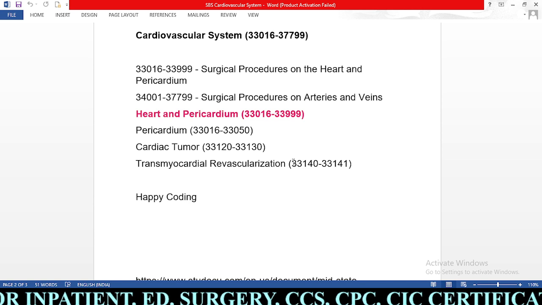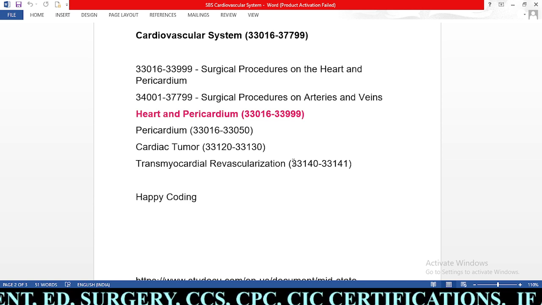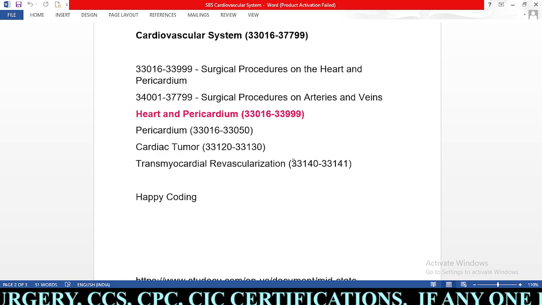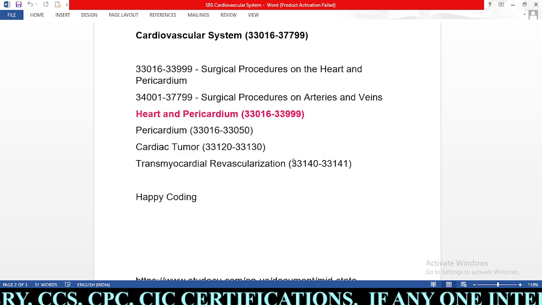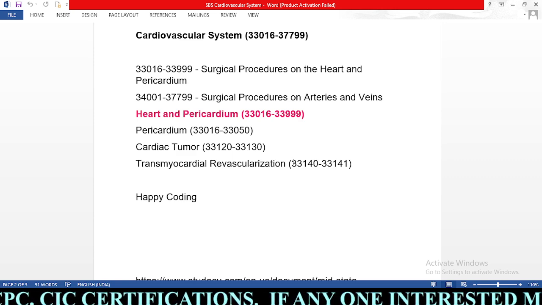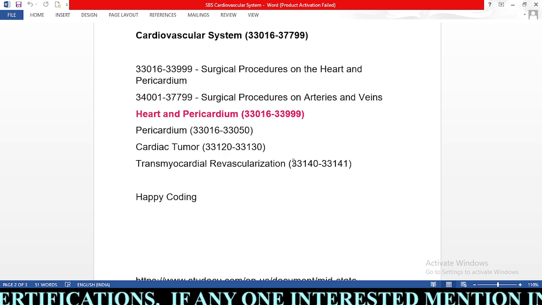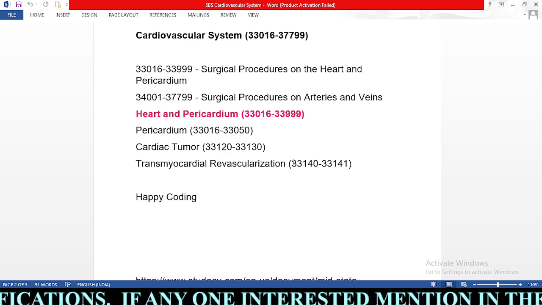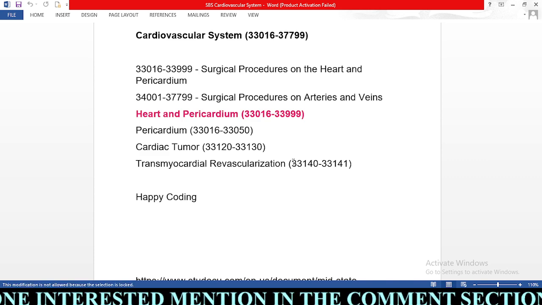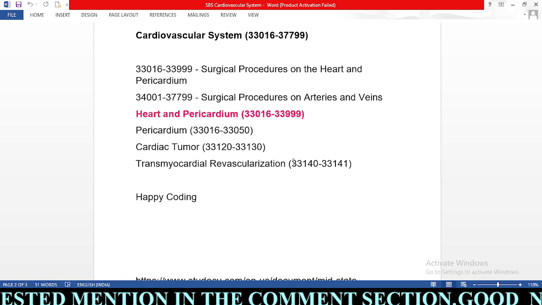And also pericardiectomy: removal of pericardium is called pericardiectomy, using cardiopulmonary bypass or without cardiopulmonary bypass. Usually we call it heart lung machine or cardiopulmonary bypass. And also we have resection of pericardial cyst or tumor. These all procedures come under 33010 to 33050.